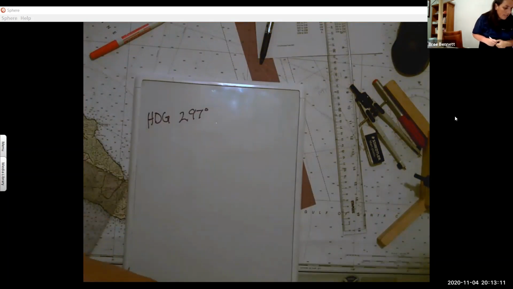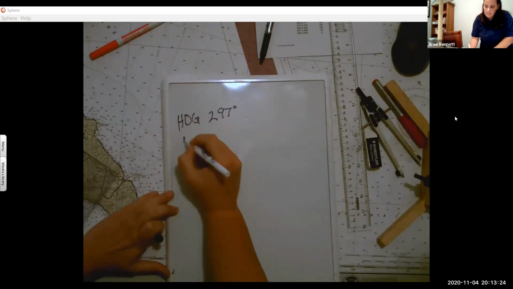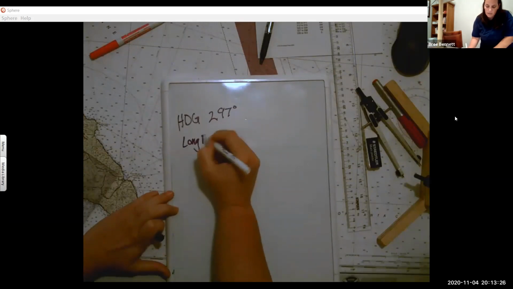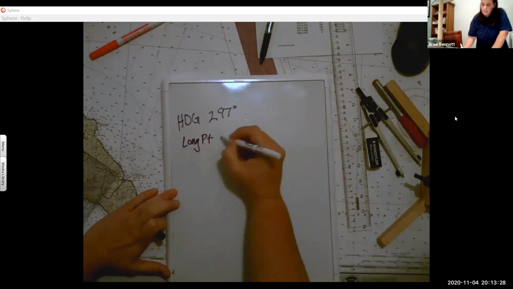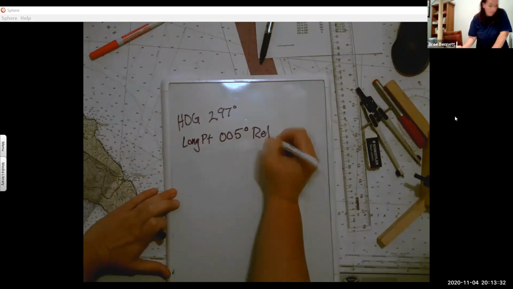And then it says at 1841, we lose sight of Catalina West End Light, but let's plot our other two first. At the same time, we see Long Point bearing 005 degrees relative.